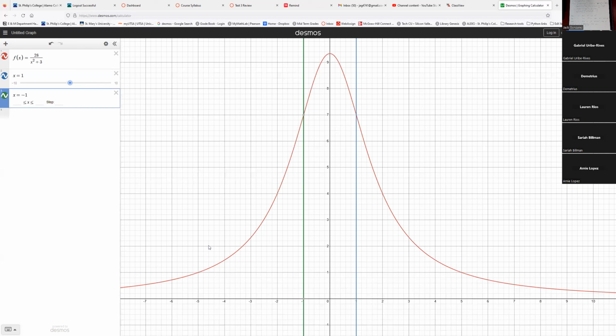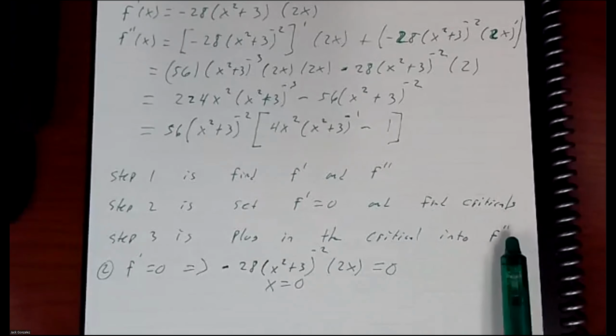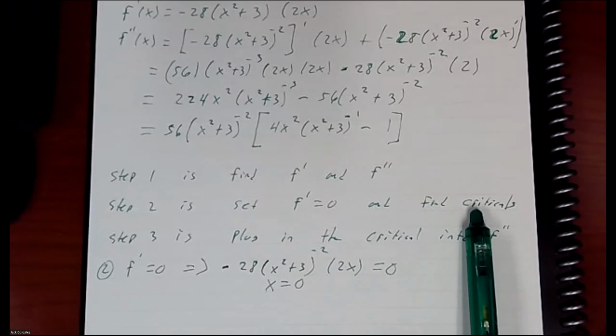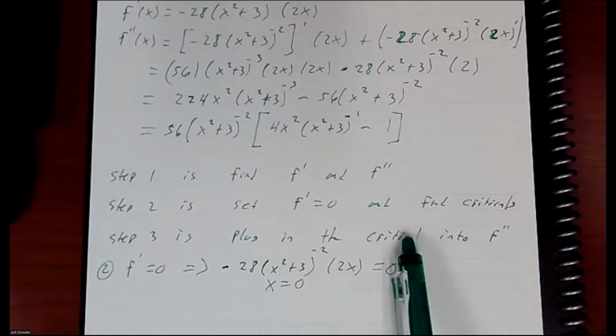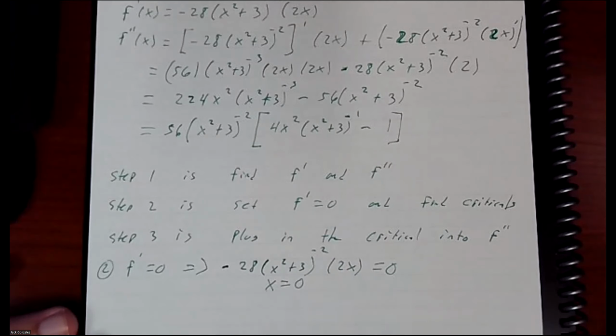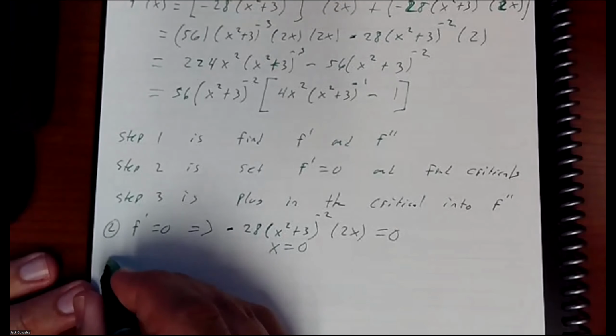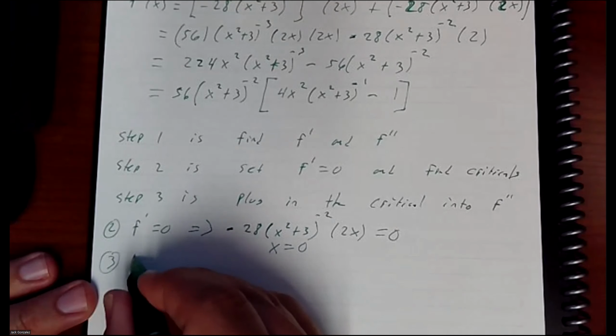So I think, because using step 2, usually this works, but it's not working right now because the critical number is 0. Plugging that into the second derivative would just make it 0. Would tell me that it's concave down. Well, let's keep going. Maybe it'll work out. We'll see. It's just a strange question.